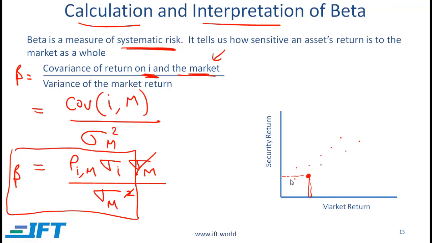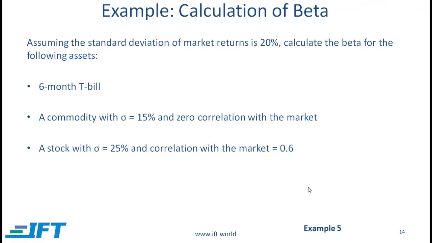We then draw a line which is called the best fit line, that is the regression line. The intercept term is an alpha, but we are talking about beta over here. The beta is the slope of the line.